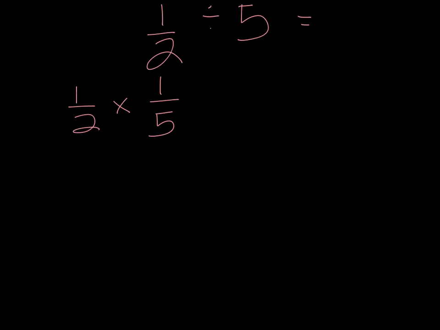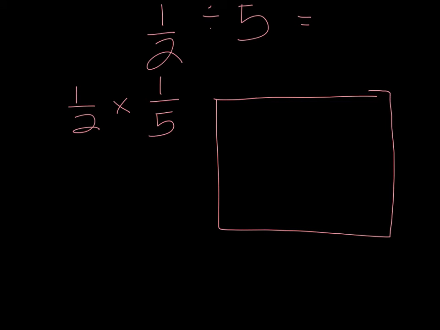Okay? So you guys should now be familiar with the type of model, 1/2 times 1/5. This is what we've been doing all last week. So I'm going to first draw my box. And I'm going to split it into half and shade in my half.